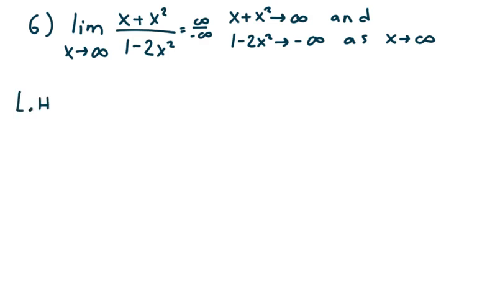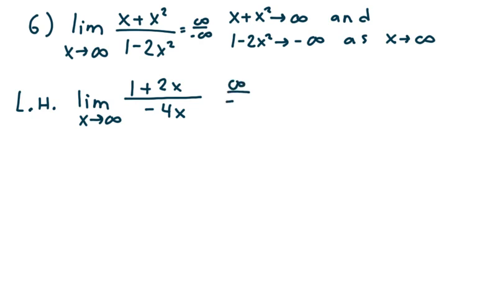And so by L'Hopital's rule, this is the limit as x goes to infinity of the derivative of the numerator, which is 1 plus 2x, over the derivative of the denominator, which is negative 4x. And if we do this again, we get infinity over negative infinity. And so we can apply L'Hopital's rule yet again. Just incidentally, sometimes you might find that happening.